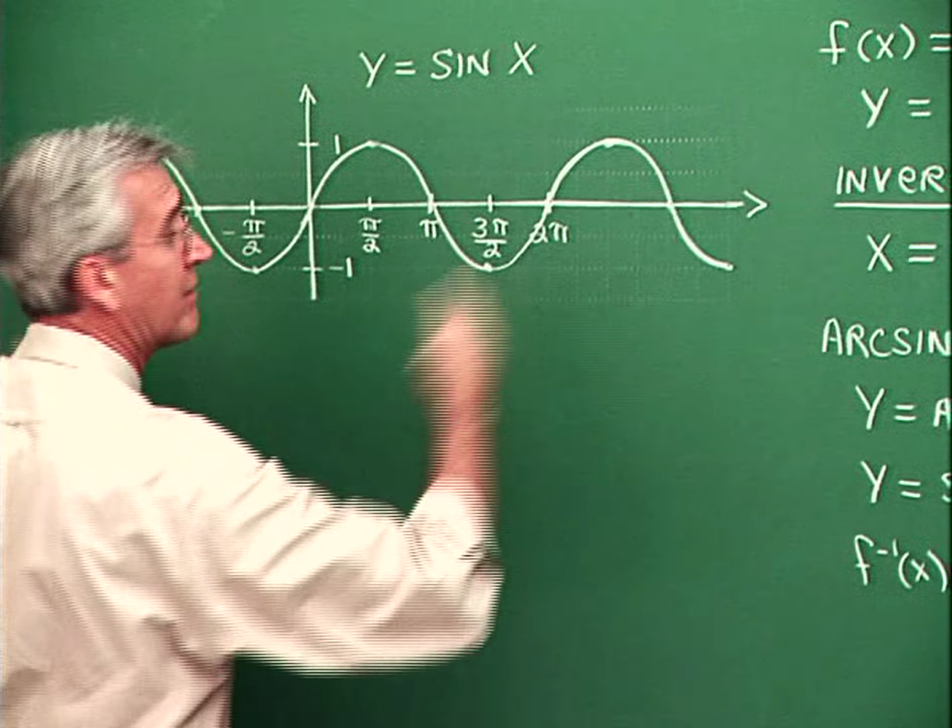You know the range goes from -1 to 1, so we want to contain all values from -1 to 1, and therefore we'll limit the domain of the sine curve to this interval, from -π/2 to π/2. So here's the domain of our sine curve that we can take the inverse of and have a function. So we can talk about the inverse sine function.